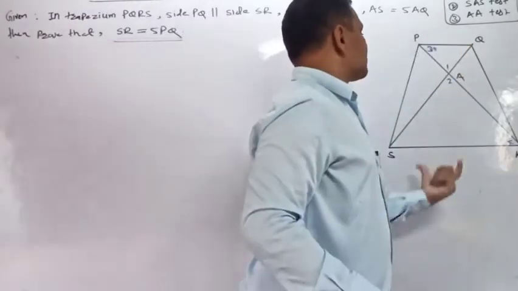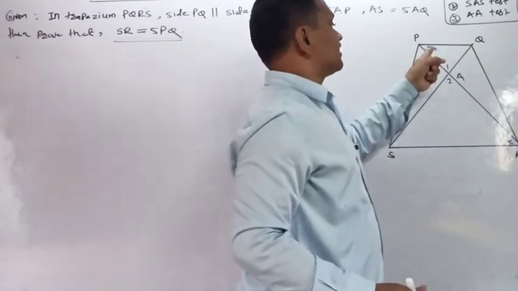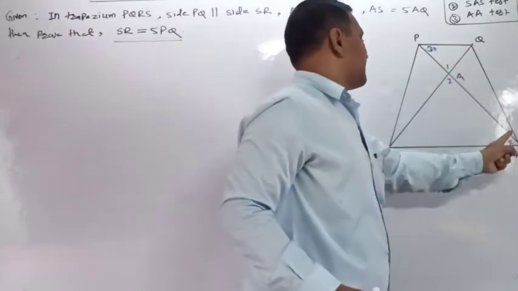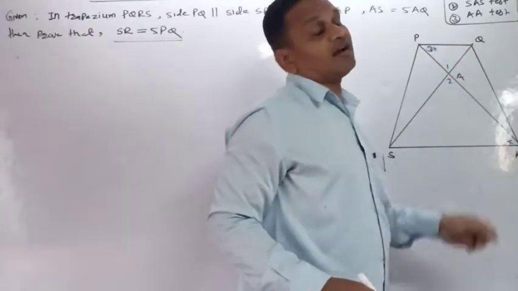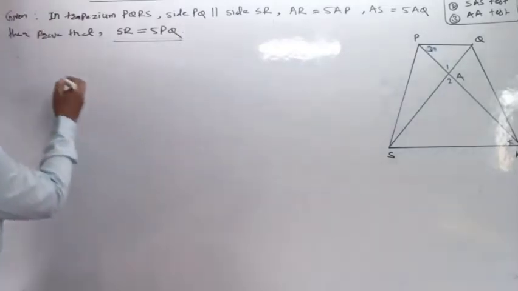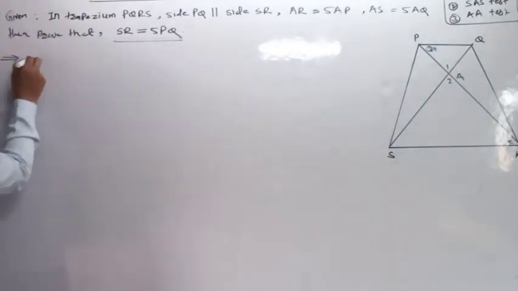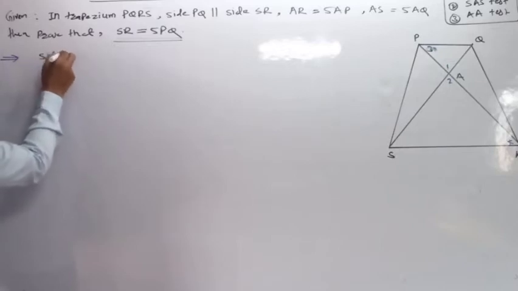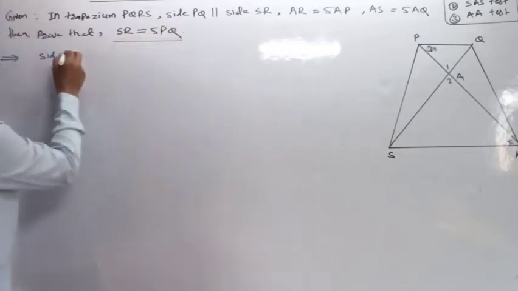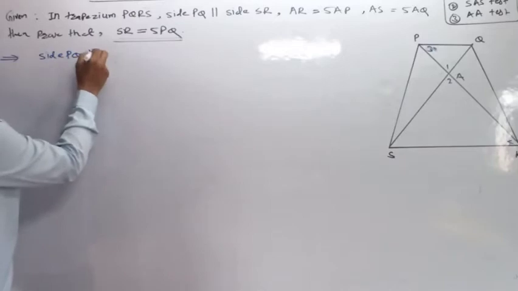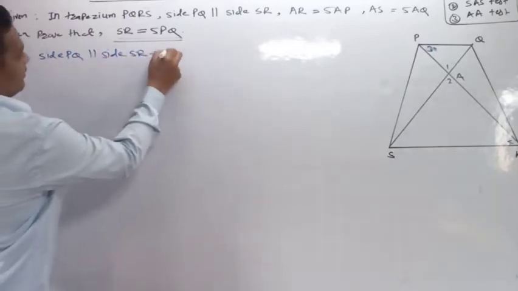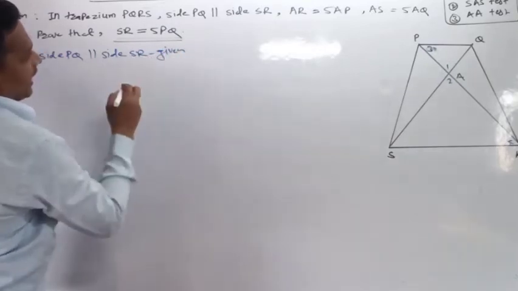If PQ is parallel to SR and PR is transversal, then we say that angle APQ is congruent to angle ARS, alternate angles. In the given, side PQ is parallel to side SR. Understand?